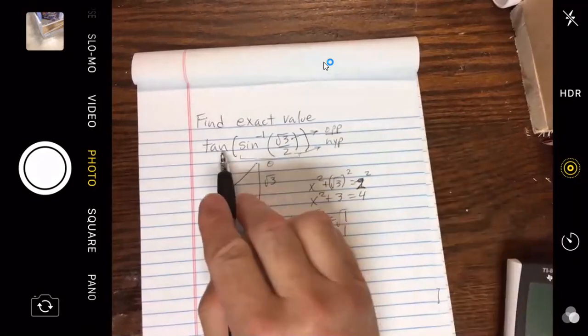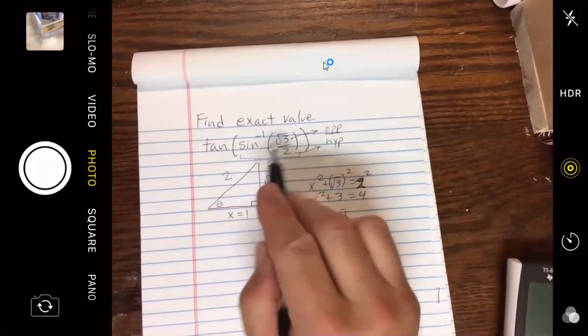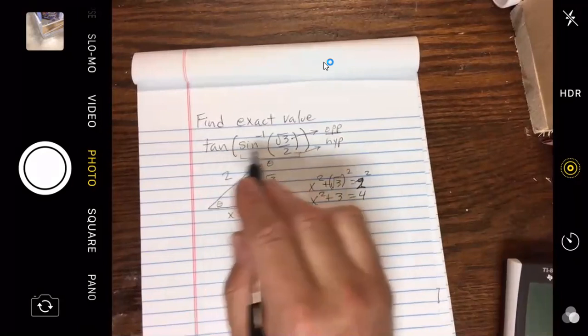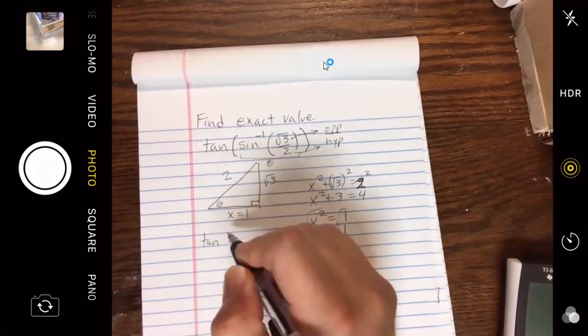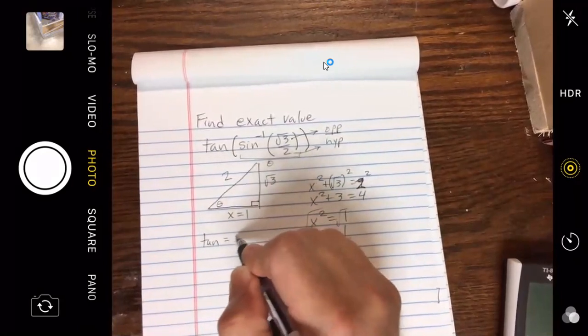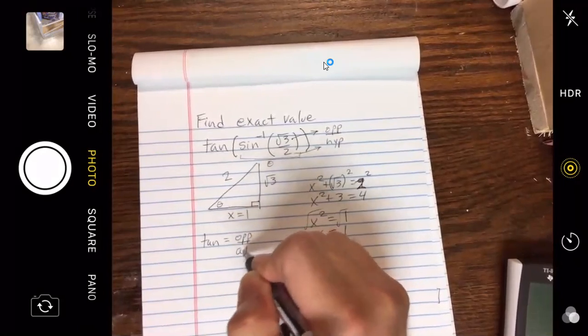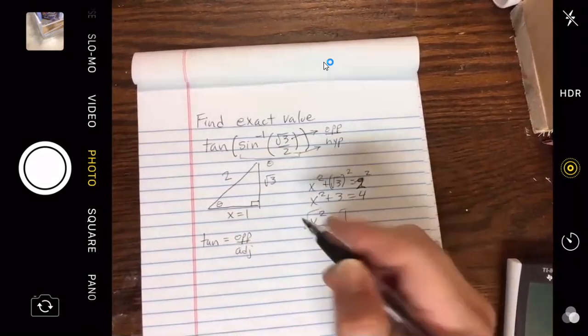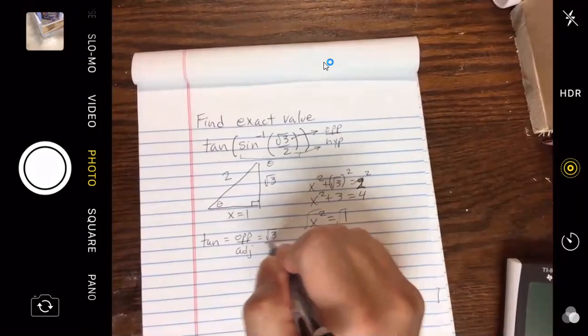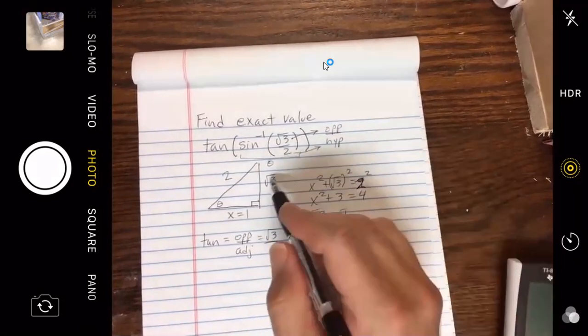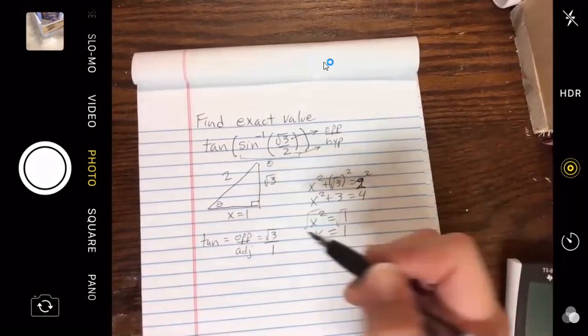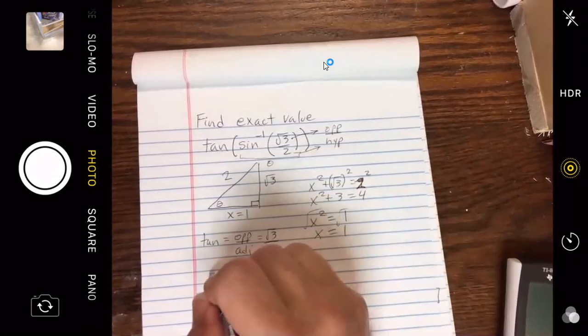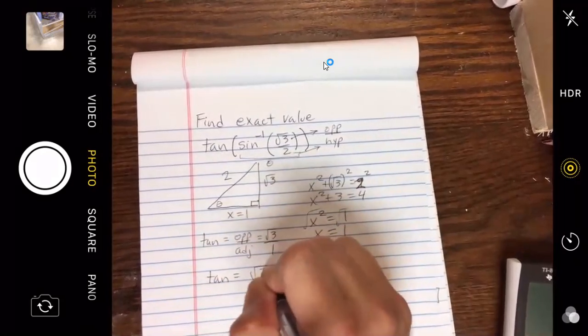So when I want a tangent, it is opposite over adjacent. So it's going to be root 3 over 1, or root 3. That's the answer.